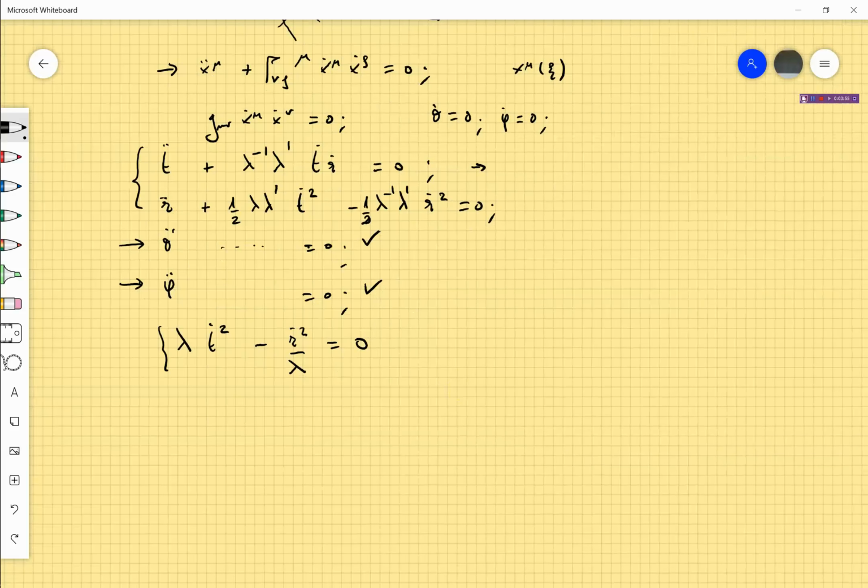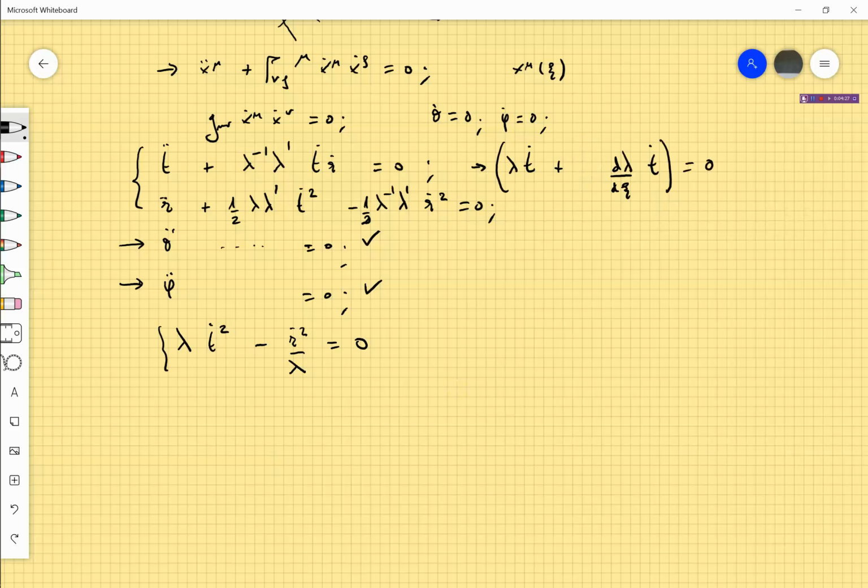Well, remember that this equation can be written in this way. So lambda prime is d lambda over dr, and r dot is dr over d psi, so this is d lambda over d psi. And t dot, if I take this factor of 1 over lambda as a common factor, is equal to 0.